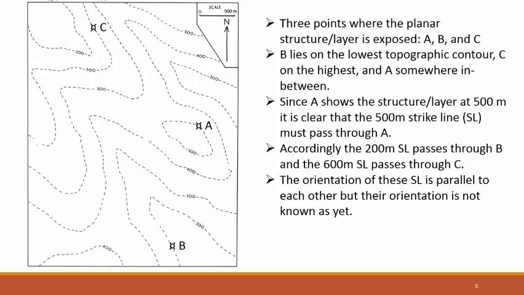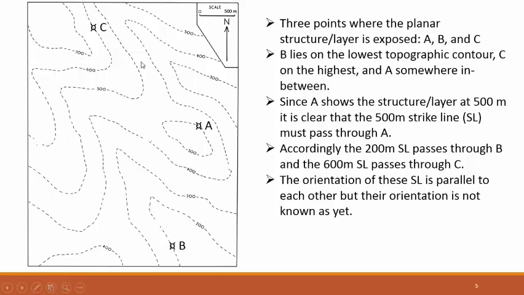If we cannot measure the strike right in the field, which might sometimes be possible, we do not know whether these strike lines would run in this direction, in that direction, in this direction, or in any other direction. The strike could be in any of the 360 degrees.